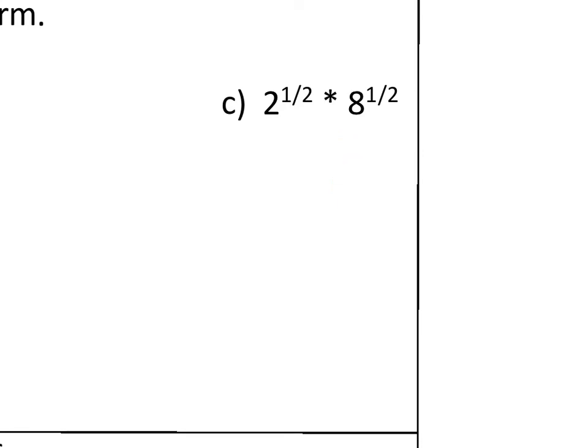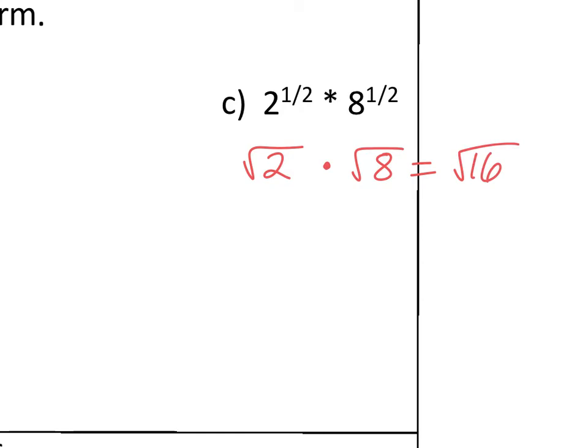Instead, I'm going to go ahead and put these into radical form and then see how to multiply them. Okay? So 2 to the 1/2 is going to be square root of 2. I'm still multiplying. 8 to the 1/2 is going to be square root of 8. Okay. Now does this look like something I can multiply? Yeah, because they have the same index, right? So what is square root of 2 times square root of 8?